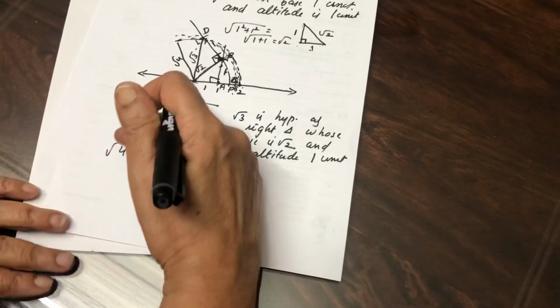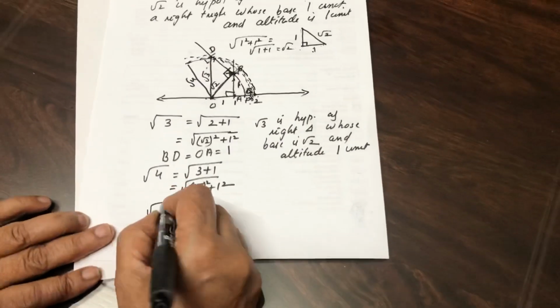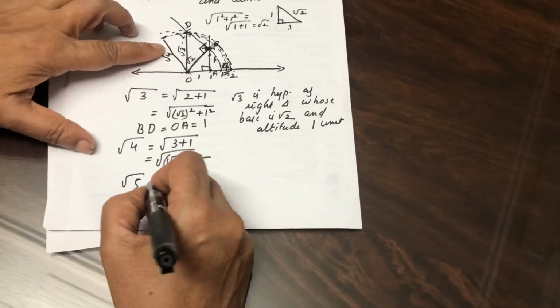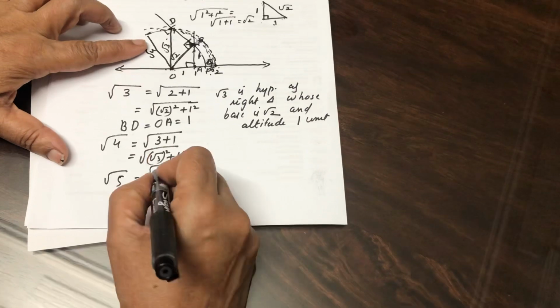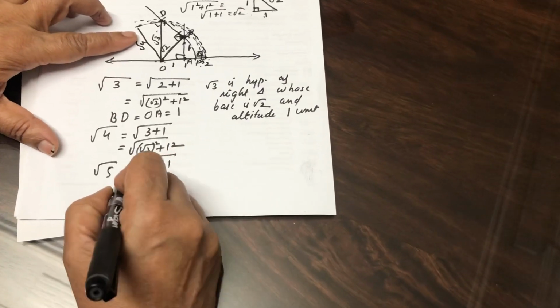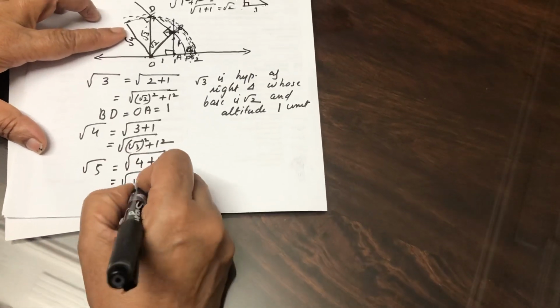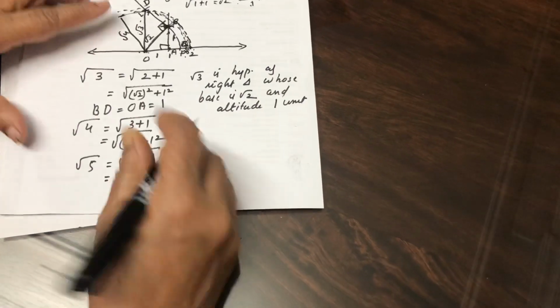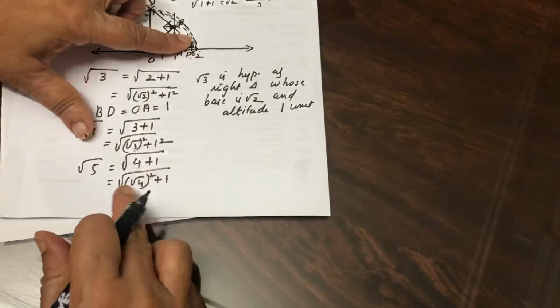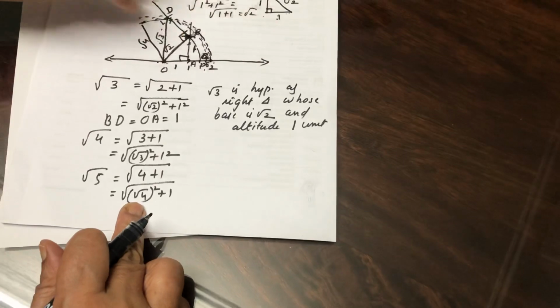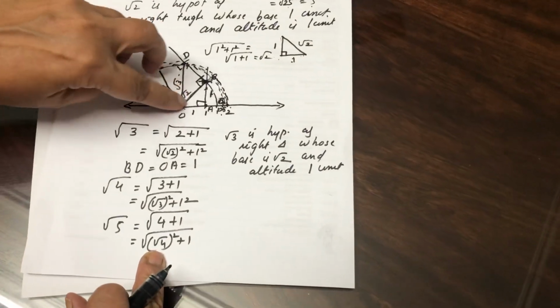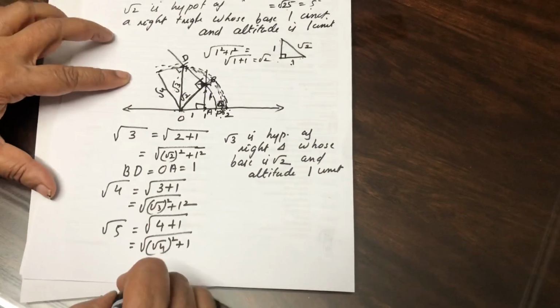So this process you can continue. Next, root 4 you got it. Then root 5 is 4 plus 1, that is square root of root 4 the whole square plus 1. That is, we mark the root 4 here. Then that will be your base. You draw a perpendicular. Then connect this. That is root 5.